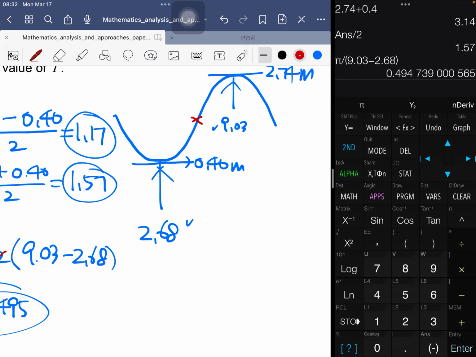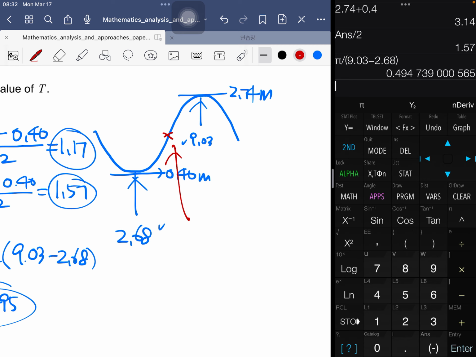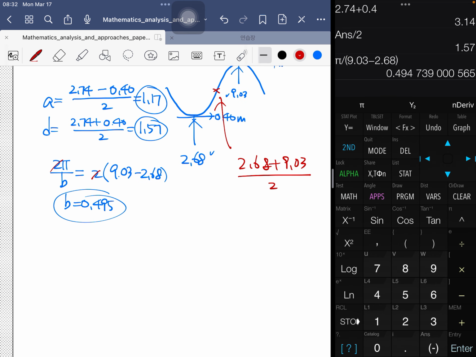This coordinate is right in between 2.68 and 9.03, so 2.68 plus 9.03 divided by 2. So the C value is 5.855, so 5.86.